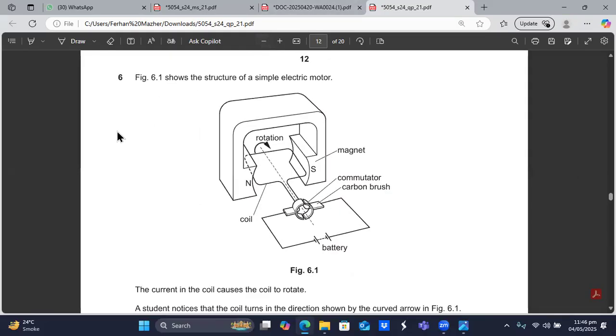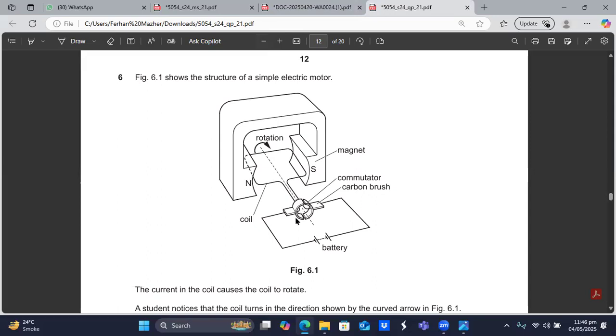shows the structure of a simple electric motor. So here you have a coil inside two poles of a magnet, and here you have that coil.